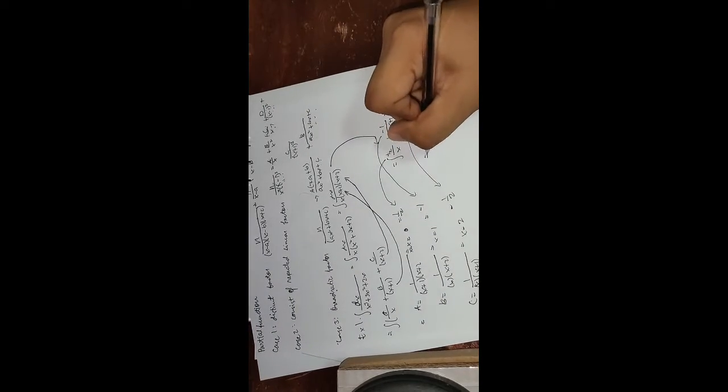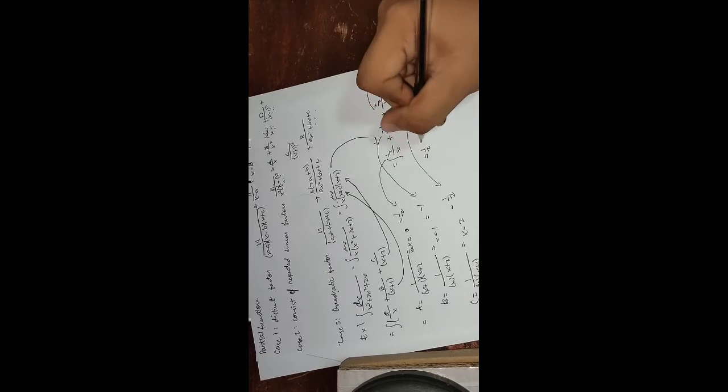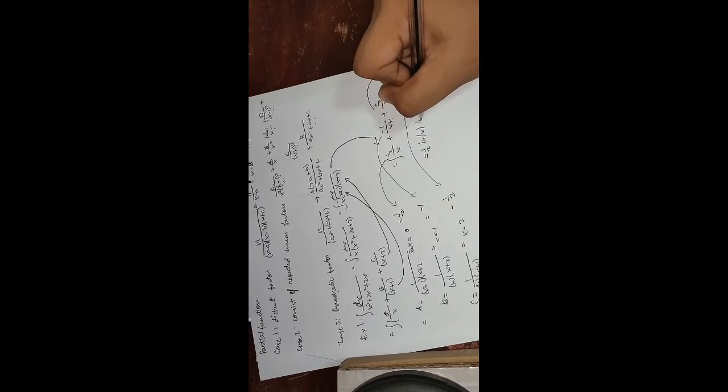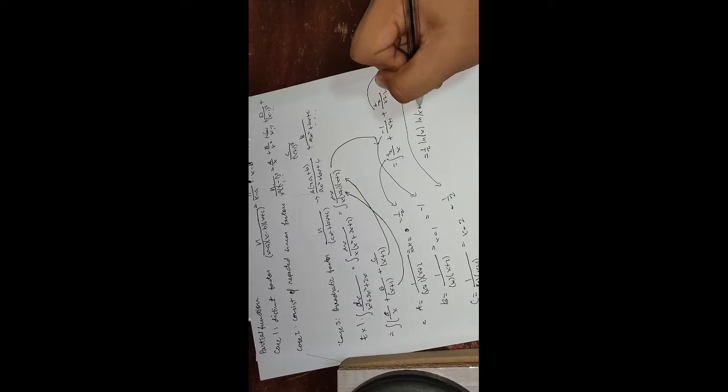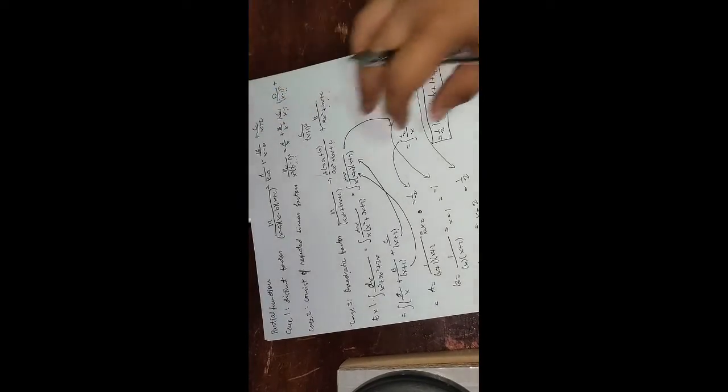So our final answer will be 1/2 ln absolute value of x minus ln absolute value of x plus 1 plus 1/2 ln absolute value of x plus 2 plus c. And that is our final answer for case 1, example 1.